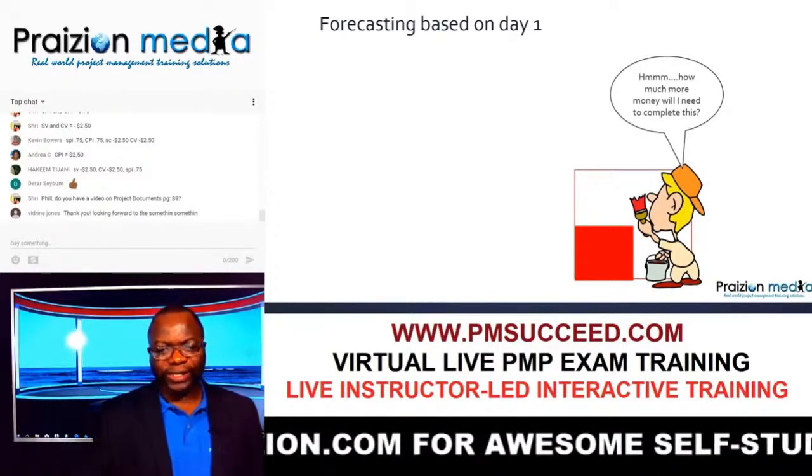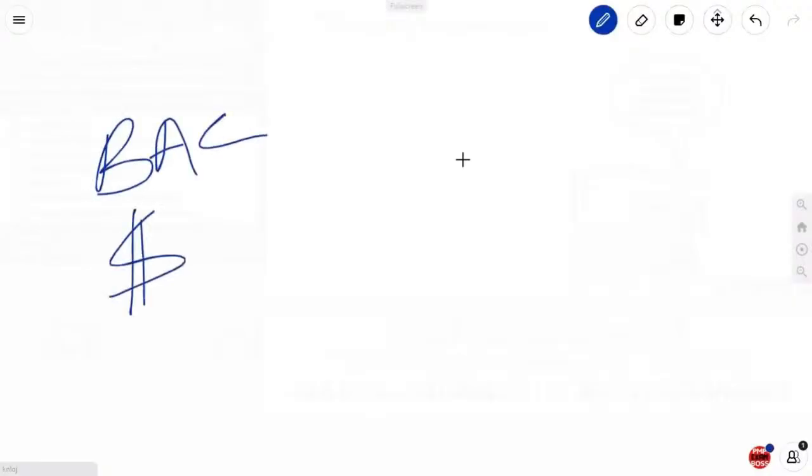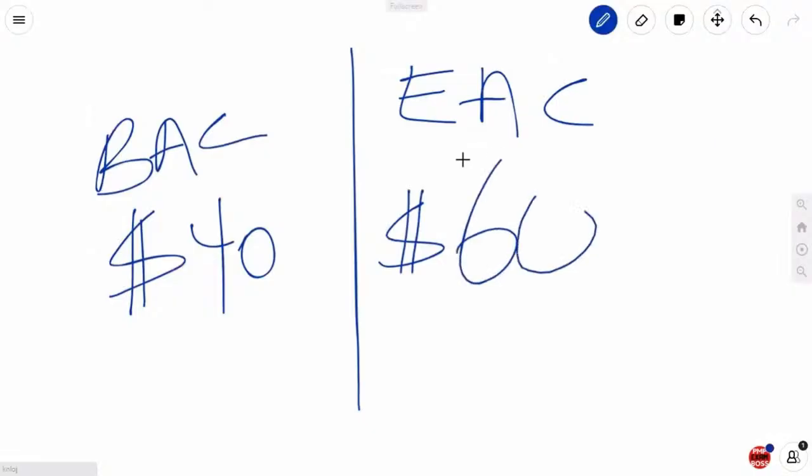So let me give you a very practical view of the world concerning these metrics. Let's go over to our whiteboard. This is the picture. If your BAC is $40 but your EAC is $60, that means at the end of the project, when all is said and done, you are going to be spending $60 instead of $40.